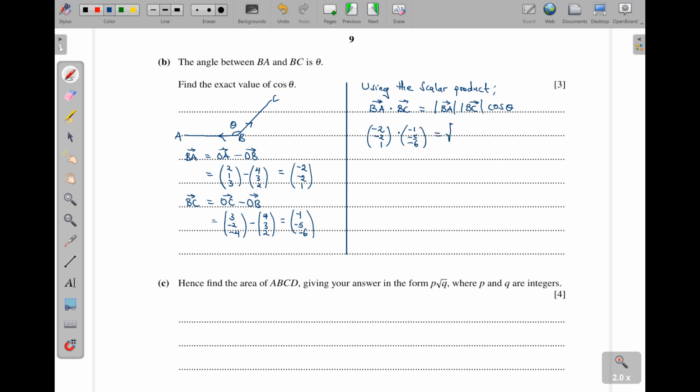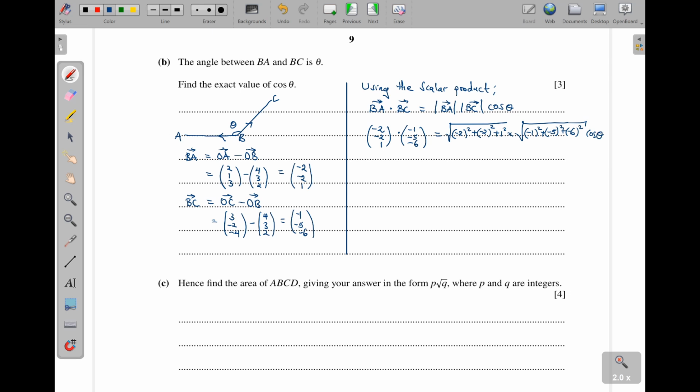And then here it will be square root BA. This is -2 squared, then plus -2 squared, then plus 1 squared, then times the square root of -1 squared plus -5 squared, then plus -6 squared, then the cosine of theta.